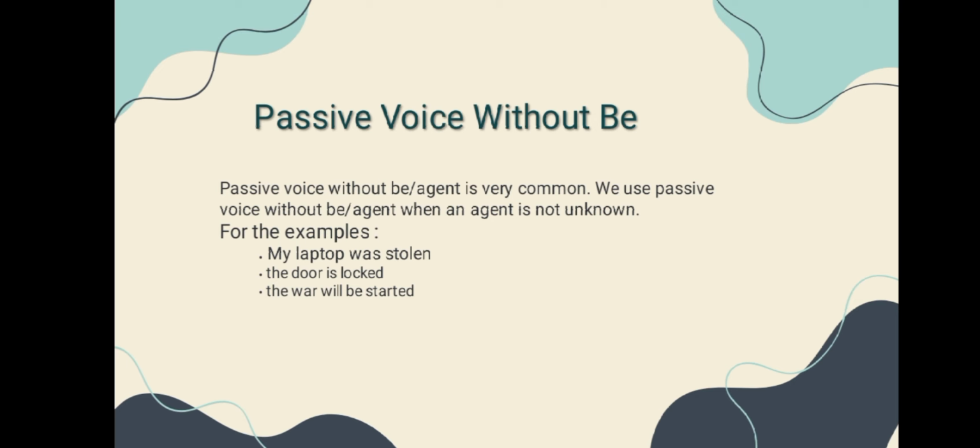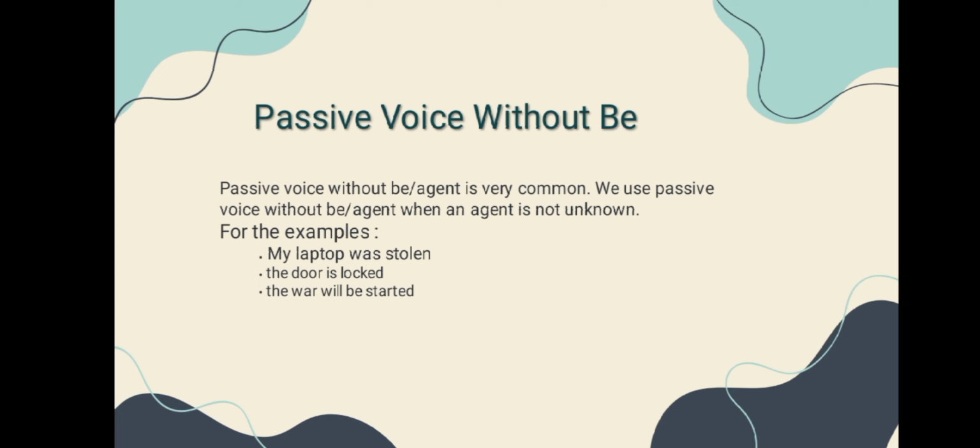Next, passive voice without be. Passive voice without be or agent is very common. We use passive voice without an agent when the agent is not known. For the examples: my laptop was stolen. The door is locked.